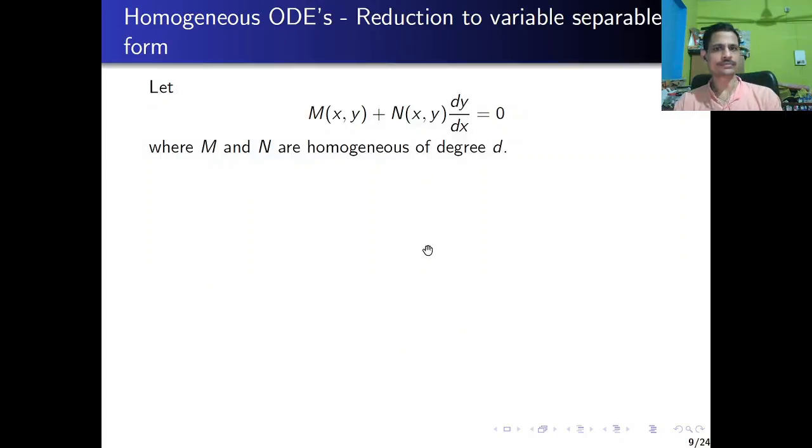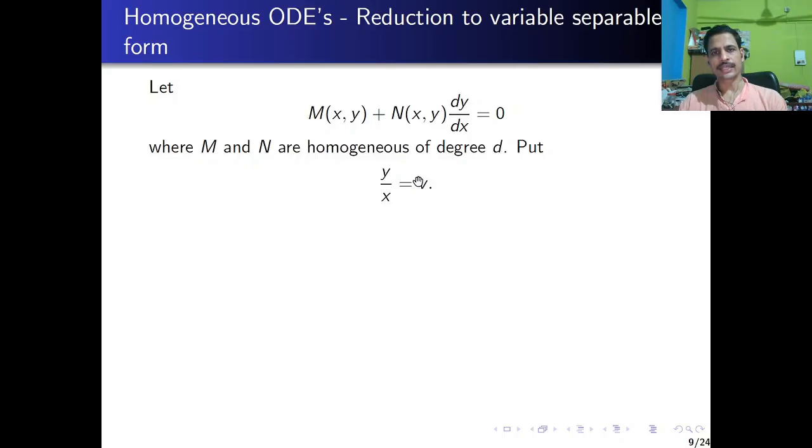So now we describe a method of solving homogeneous ODEs. Suppose we are given a homogeneous first order ODE, that is, the differential equation is M of x comma y plus N of x comma y dy by dx is equal to 0, where M and N are homogeneous of degree d. Then what we do is we define v to be equal to y by x.